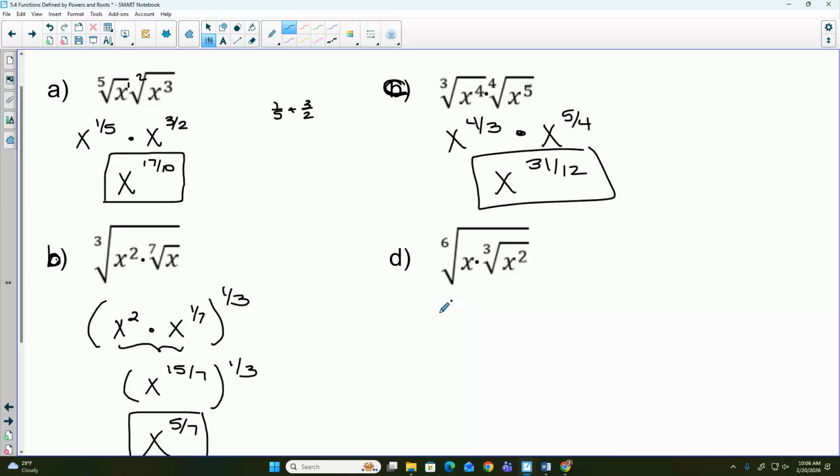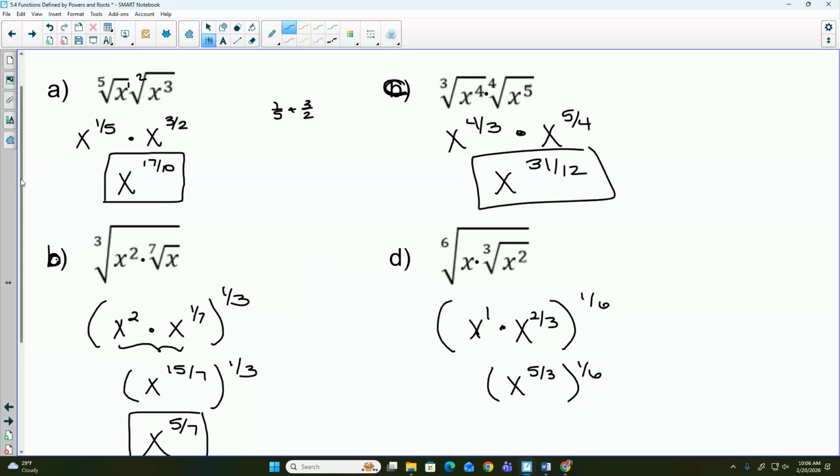All right, D, the whole thing is under a 6th root, which is a 1/6 power. Inside we have an x times the cube root of x squared, so x to the 2/3. If there's no exponent written, what do we assume it is? So inside, the x's are written both times, so we have to add the exponent. So 1 plus 2/3 is 5/3.